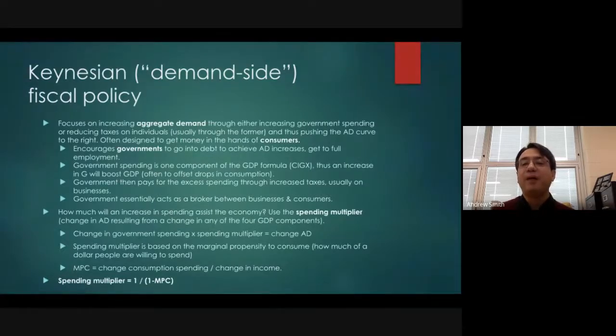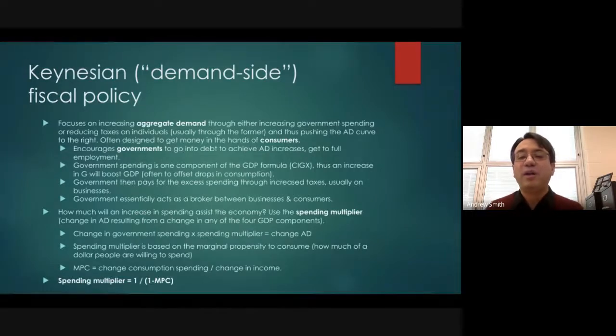Okay, and so again, he encourages deficit spending, and the idea is that it'll boost the economy because we are in a recession because C is down, consumption is down. So instead, we need G, government spending, to increase. Government then will pay for the excess spending through increased taxes.